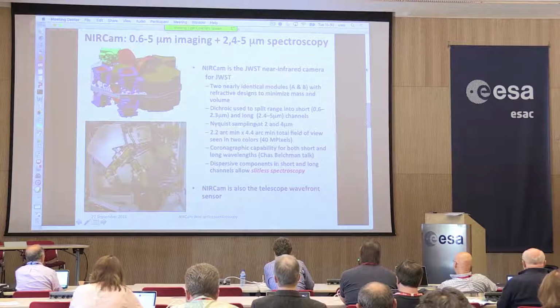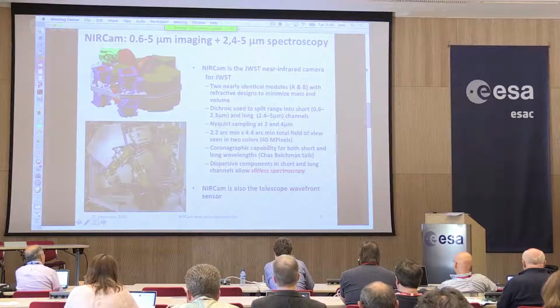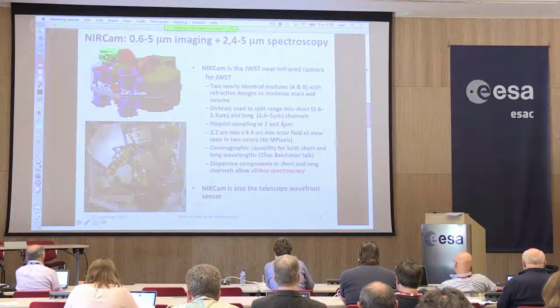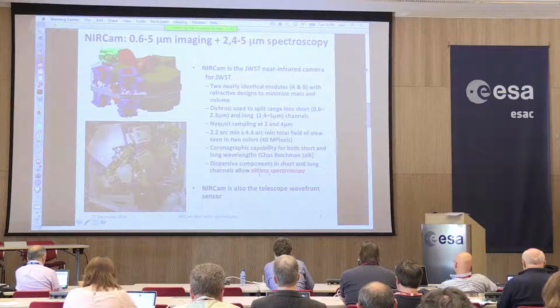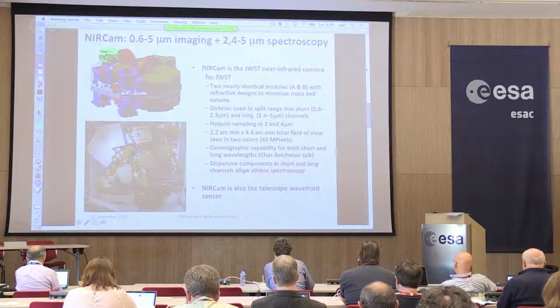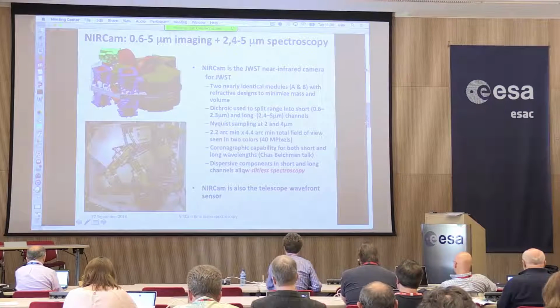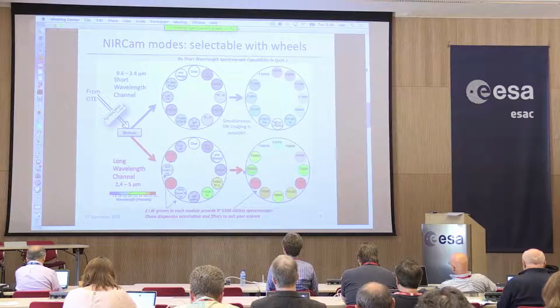That allows two different imaging scales for 2 and 4 microns. And we have dispersive components that allow slitless spectroscopy. The scientific mode supported in Cycle 1 is going to be in the long wavelength channel, from 2.5 to 4 microns of slitless spectroscopy.